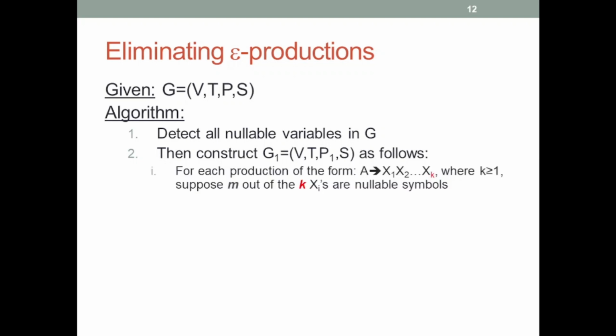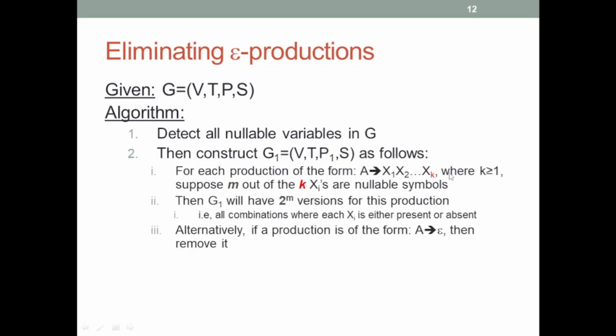First, for each production of the form A derives to X1, X2 up to Xk, where k is greater than or equal to 1, suppose M out of the k symbols are nullable. Then G1 will have 2 raised to M versions of this production. Alternatively, if a production is of the form A derives to epsilon, then remove it.